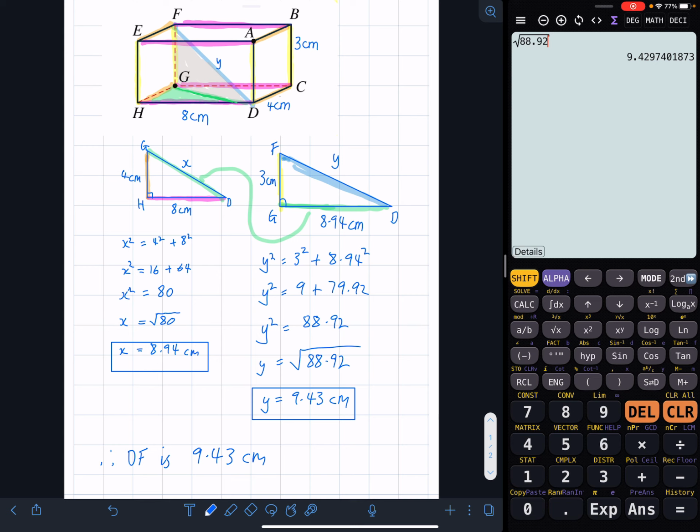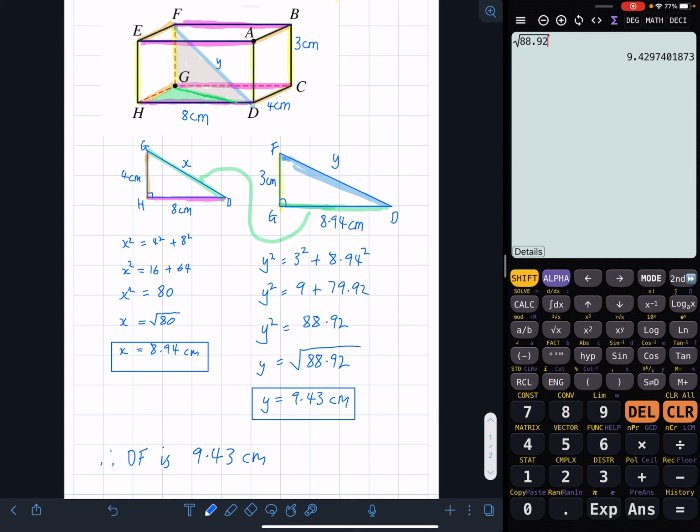Just a reminder, what we did is we found the triangle DGH, and from that the unknown was DG, which is 8.94 centimetres. Then we used that length as one of the lengths of our second triangle, and found that the length DF became 9.43 centimetres.